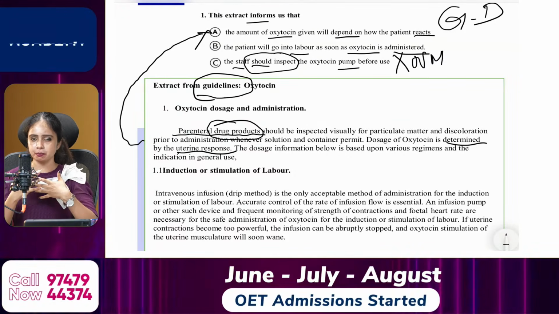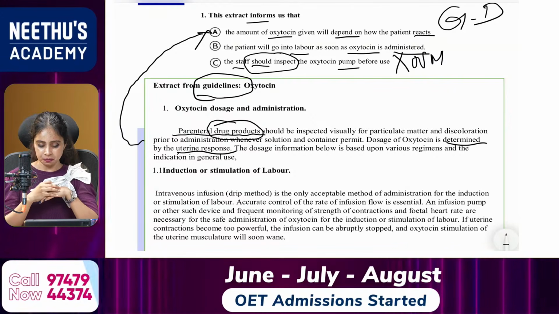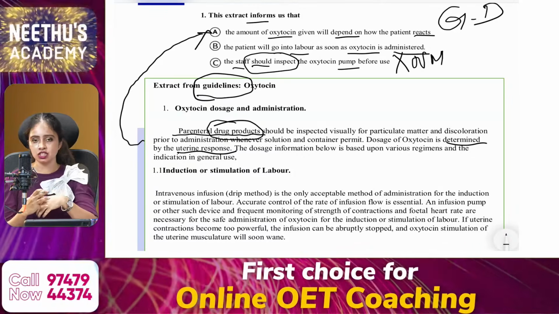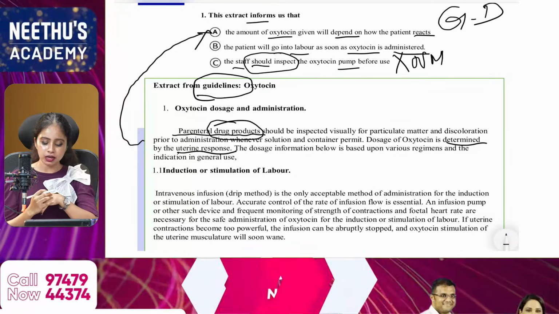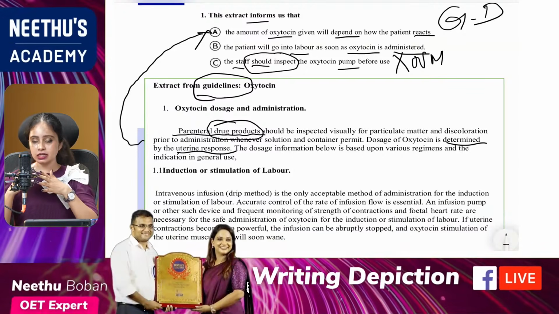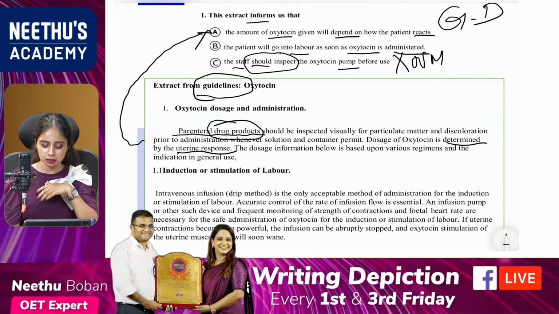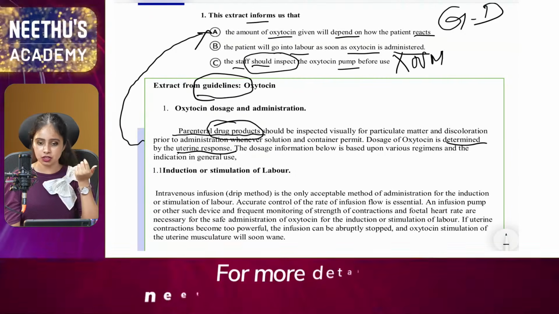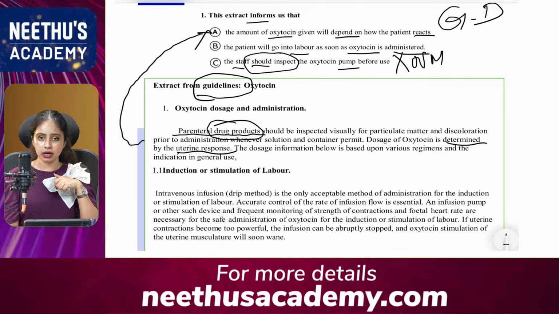What do you mean by paraphrasing? There will not be any change in the meaning, but the sentence structure will be different. So here, the second sentence is associated with the first option. Then, the dosage information below is based upon various regimens and the indication in general use.